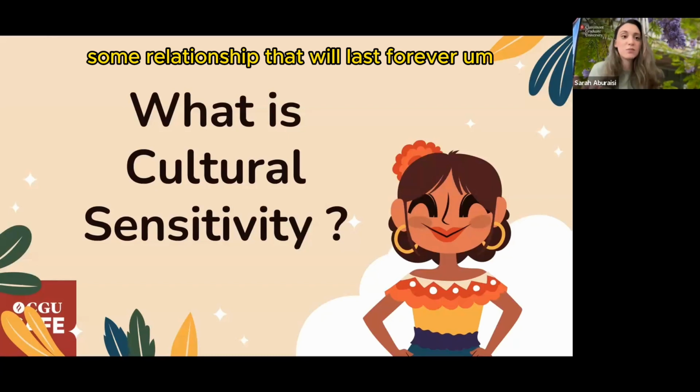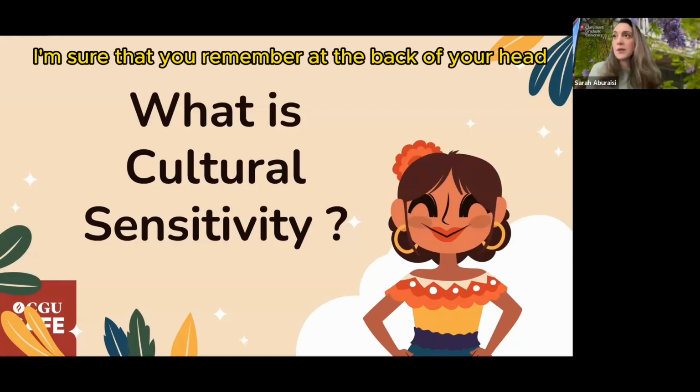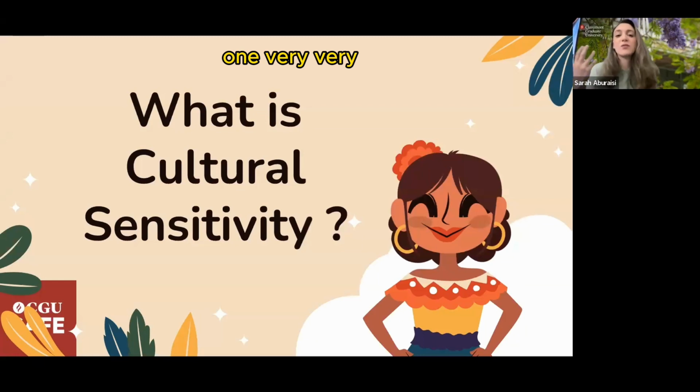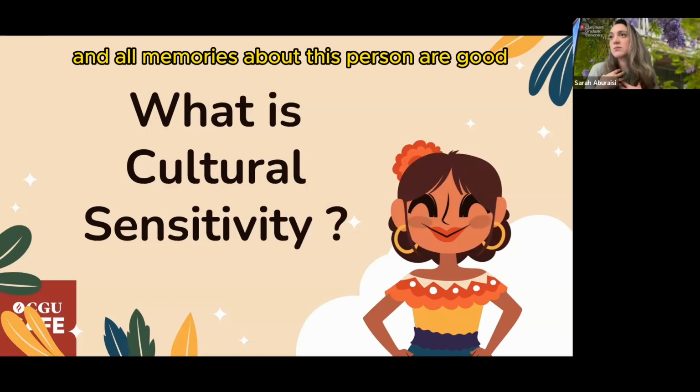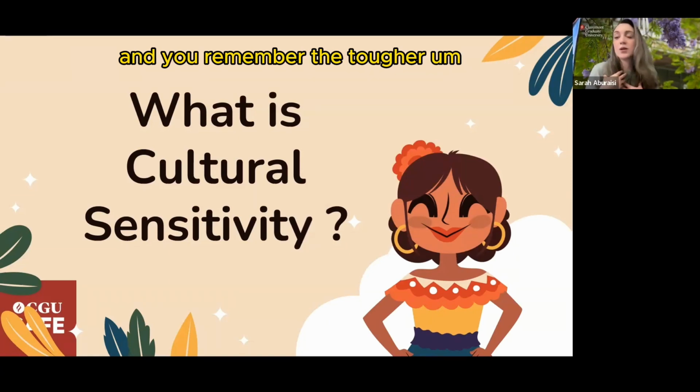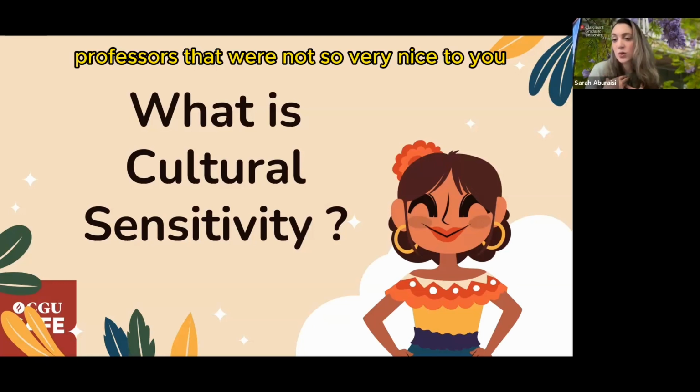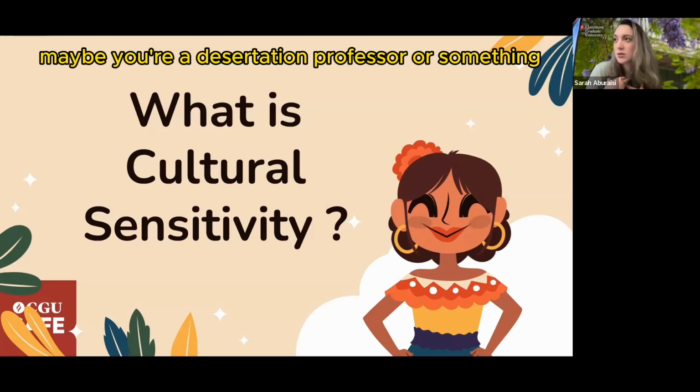A relationship that will last forever. I'm sure that you remember at the back of your head one very, very good professor that you'd love to work with, and all memories about this person are good. And you remember the tougher professors that were not so very nice to you. Maybe your dissertation professor or something.